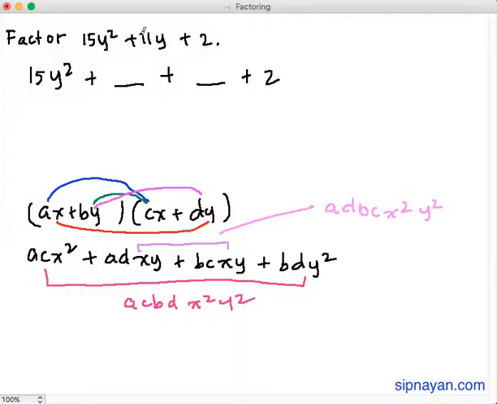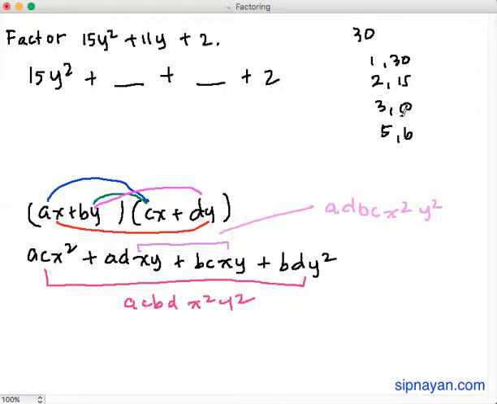Their sum is 11, and their product is 30. What are the factors of 30? We have 1 and 30, of course, 2 and 15, 3 and 10, and 5 and 6.